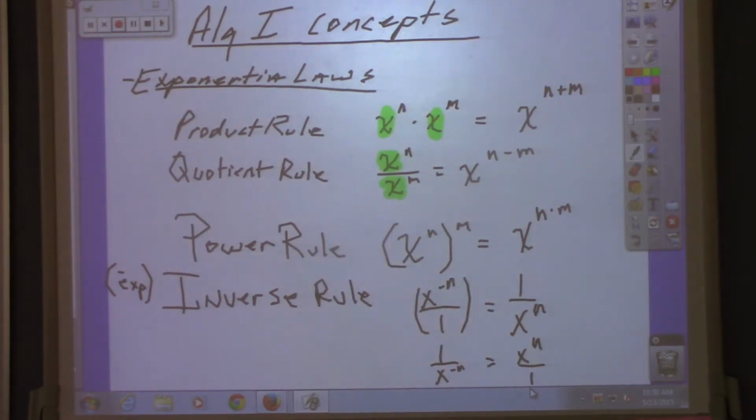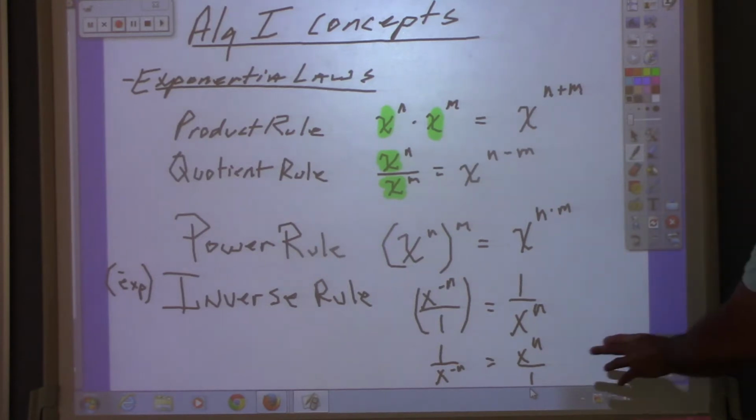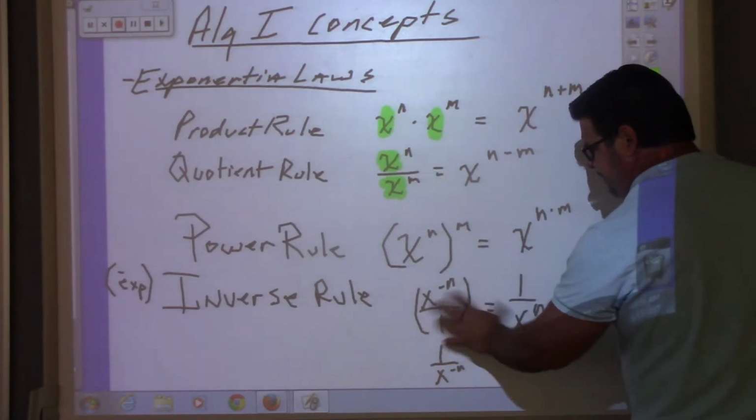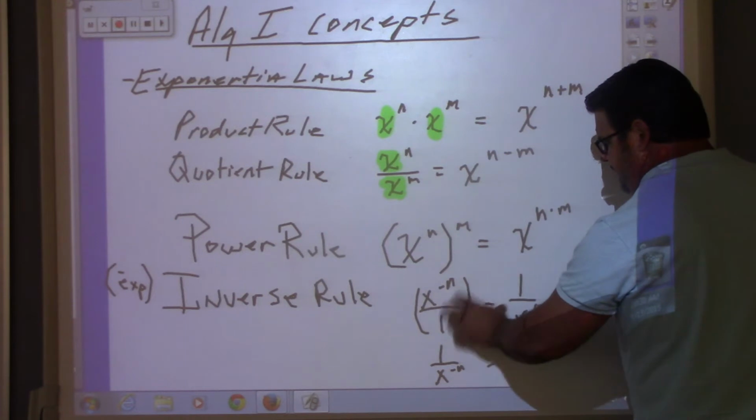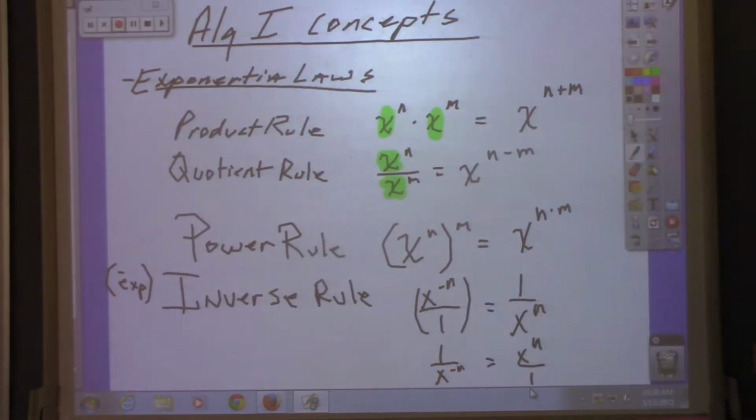You don't need to use it, but in our culture, a lot of other cultures, they don't care if it's a negative exponent. Some of the Asian cultures, negative exponent ain't no big deal to them. All right? But with us in the U.S., we like to have a positive exponent. So we manipulate the problem to give us a positive exponent.